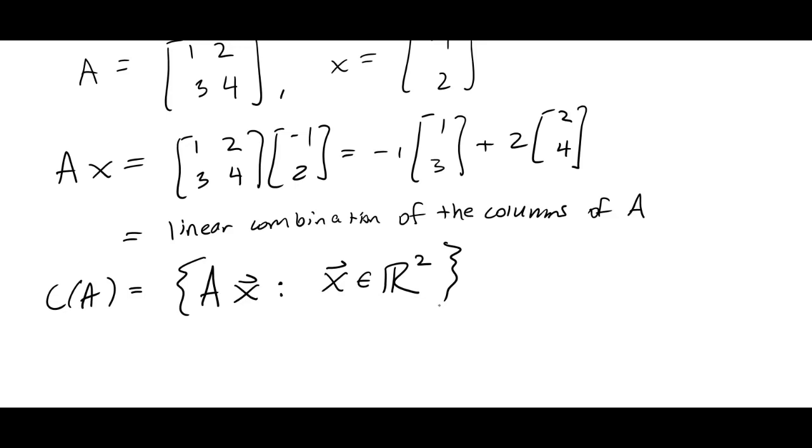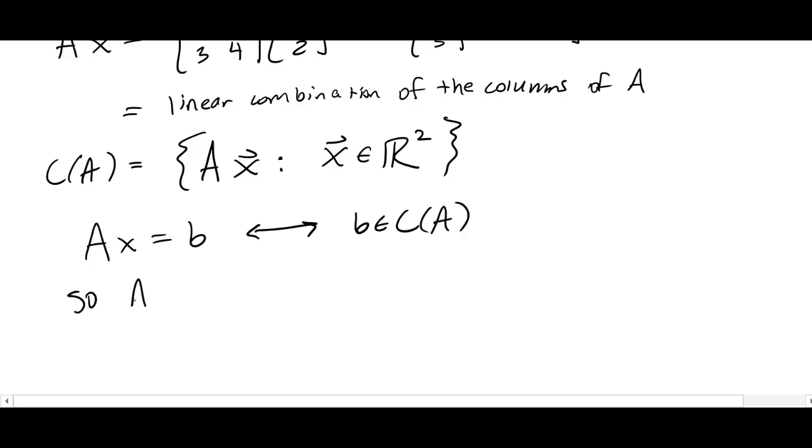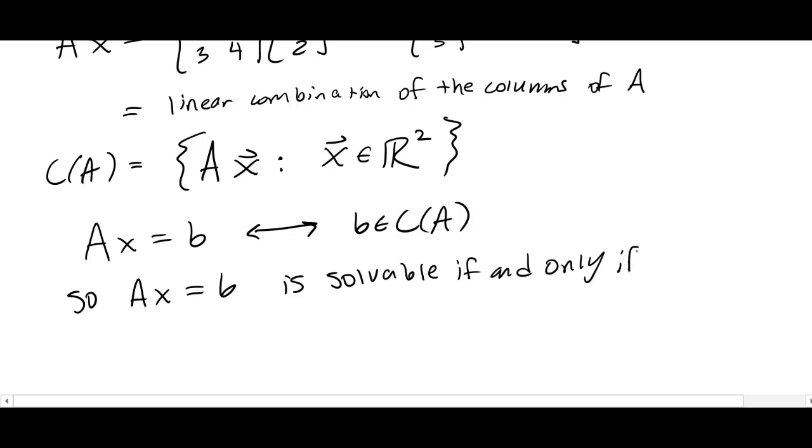So if I have a system of equations Ax equals b, then I'm saying the vector b is in the column space of A. So Ax equals b is solvable if and only if b is in the column space of A. So that's the important connection between column space and solving Ax equals b.